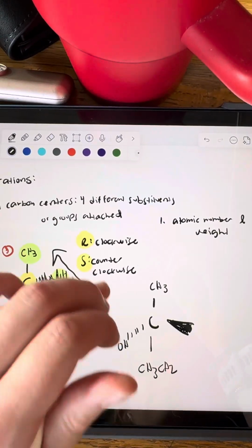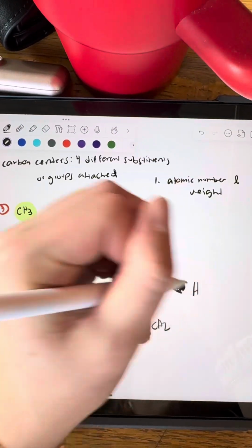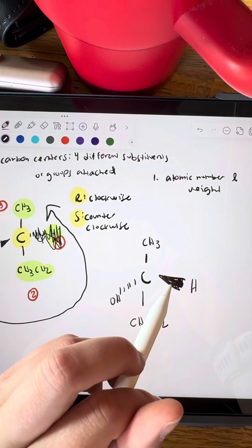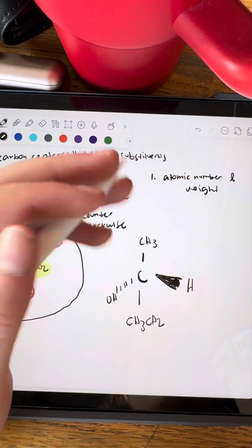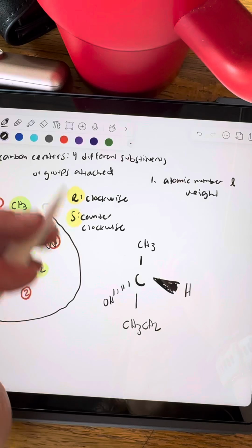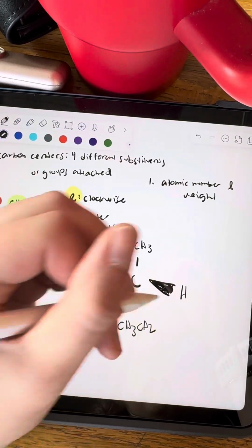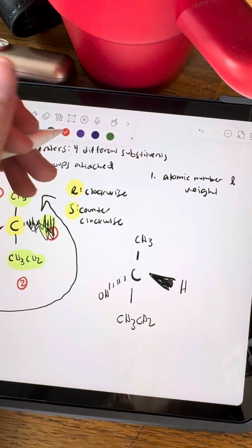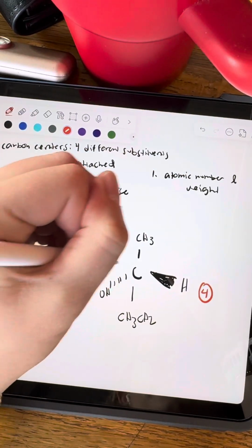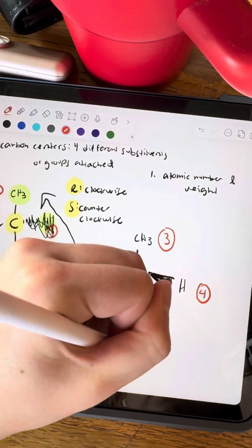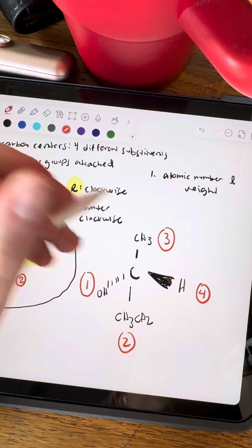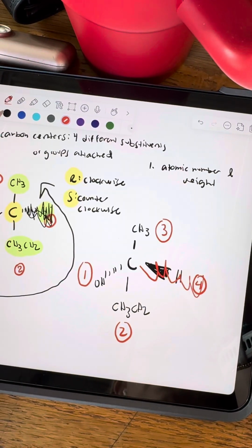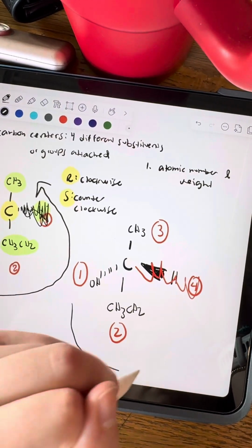And so then if we see this here, we know we have to switch this to a dash. So let's list these groups into priority. So this will be 4, 3, 2, 1. And so when we ignore the hydrogen still, we're gonna get R.